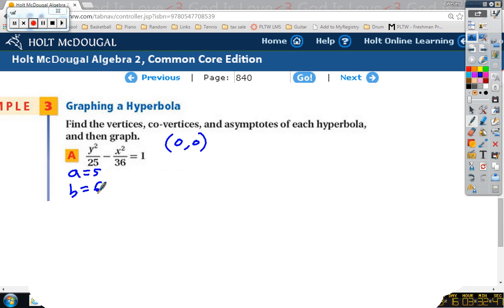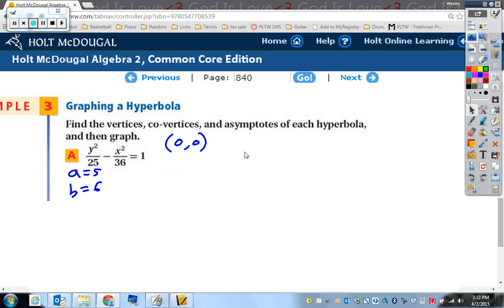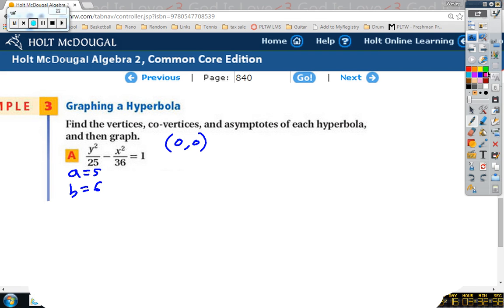Okay. And then my asymptotes are y equals, now this one is vertical because the y is first, so because it's vertical I have plus or minus a over b x, plus or minus.